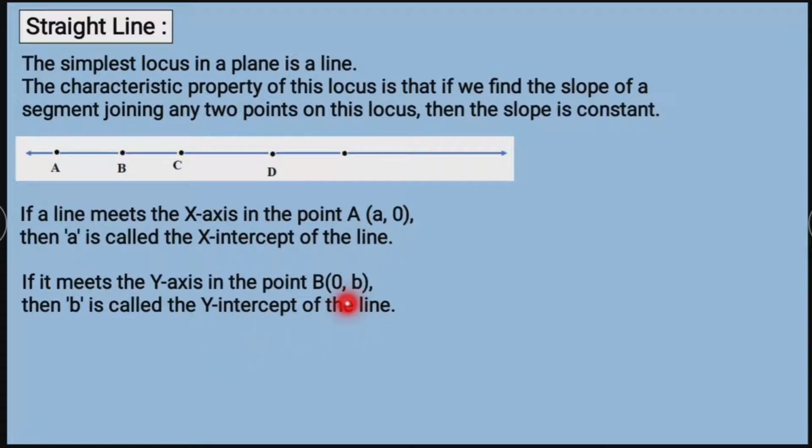So this point lies on y-axis, and we know that when a point lies on y-axis, its x-coordinate is 0. So in this way, when y-coordinate is 0, then the point lies on x-axis. When x-coordinate is 0, then the point lies on y-axis. So from that we can find the x-intercept and y-intercept of that line.